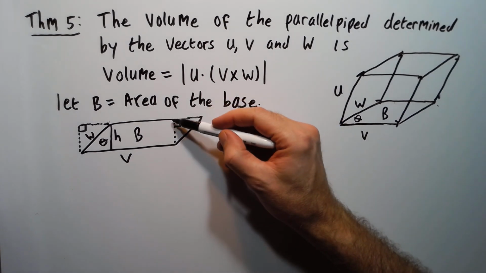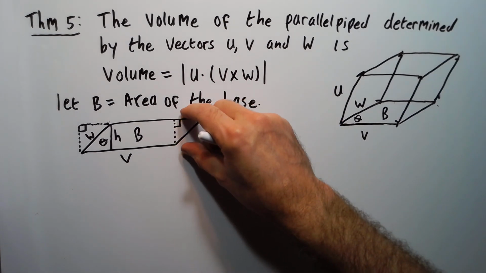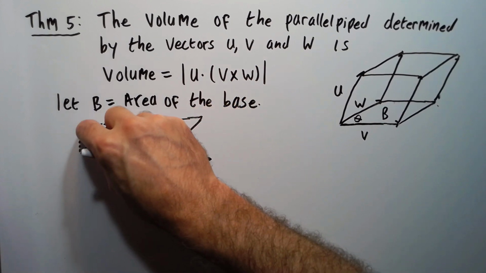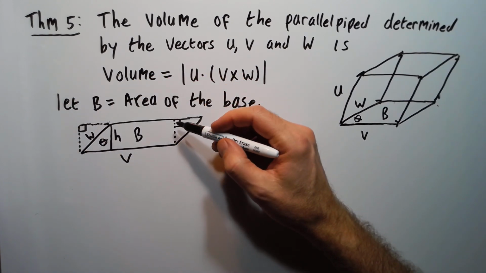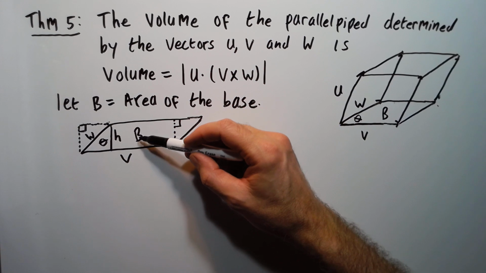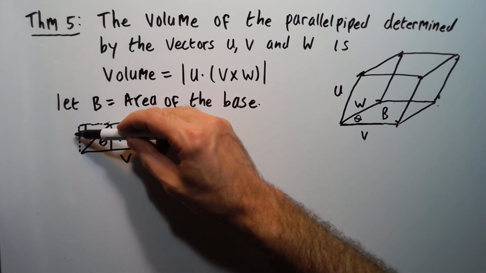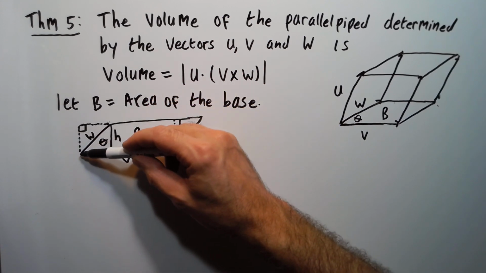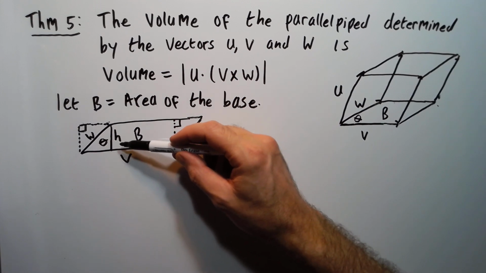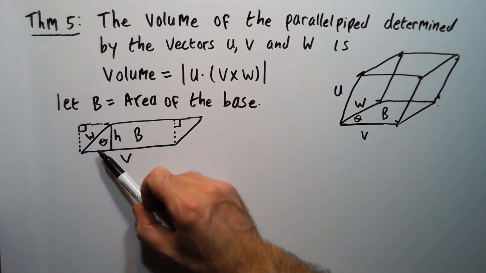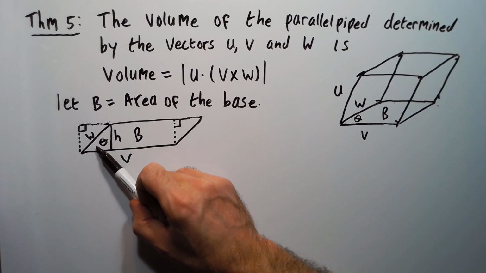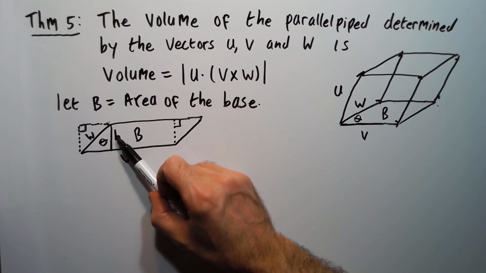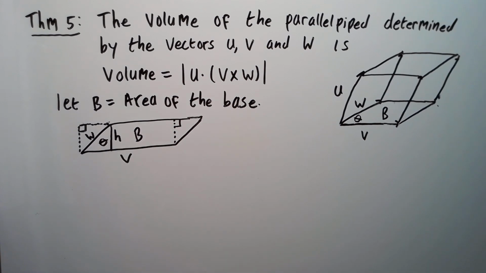So if I cut this right here, this little triangle, and lifted it out, it would fit here exactly. So pretty much the area of B, so B would be the height times the magnitude of V. Let's figure out the height here. So it's going to be the opposite side. So we're going to be using sine to figure it out here.